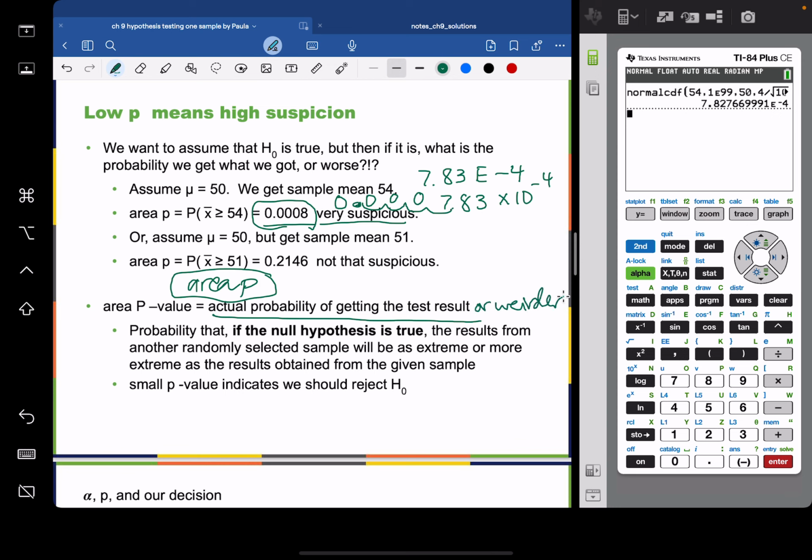And what I mean by or weirder is, what is the probability of getting 54 or greater? What is the probability of getting this? So that is the area P.